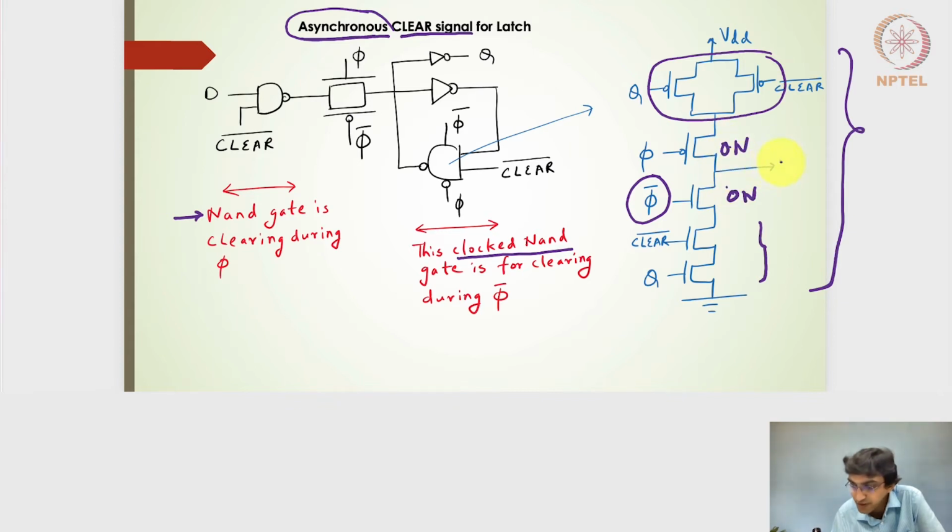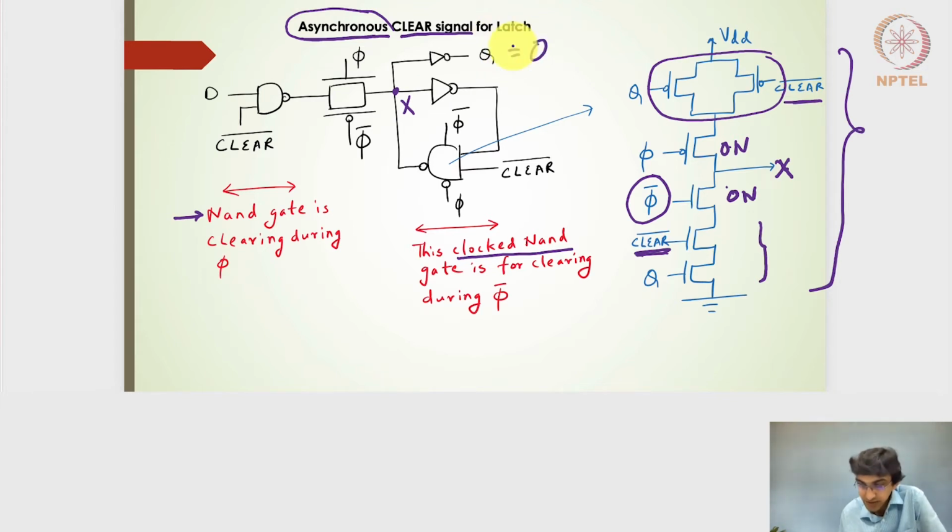The output, which is provided to this particular X node, depends on the Q signal and the clear signal. Because it's a 2-input NAND gate, whenever the clear is pressed, I will get the clear bar to be 0. So I will get X to be 1 here, and then this will throw the output to be 0.